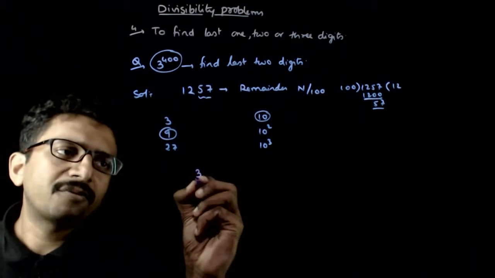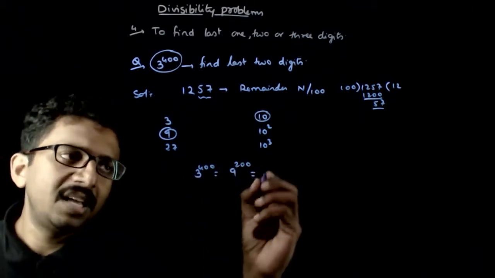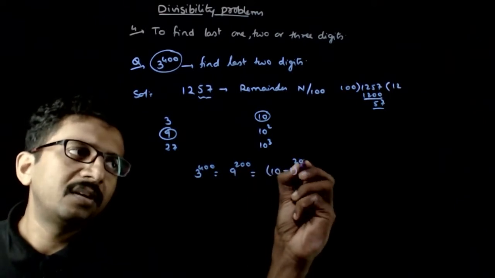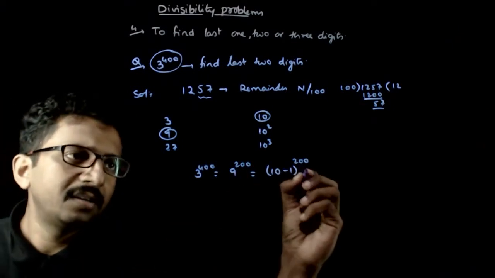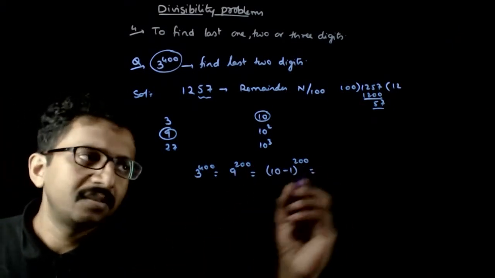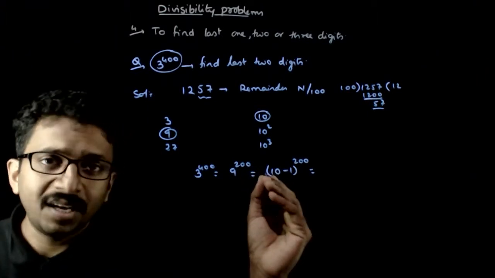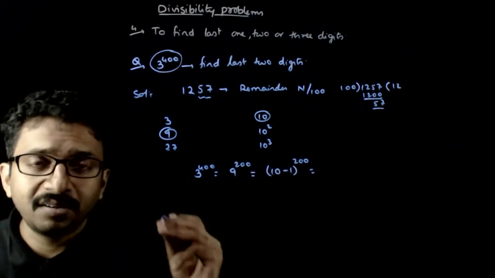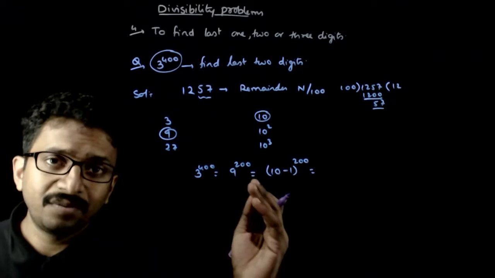So 3 power 400 can be written as 9 power 200, that is equal to 10 minus 1 whole power 200. If you expand this, I don't just want the remainder when the number is divided by 10, I want the remainder when the number is divided by 100. So I have to take the last 3 digits. Let us see how this comes.